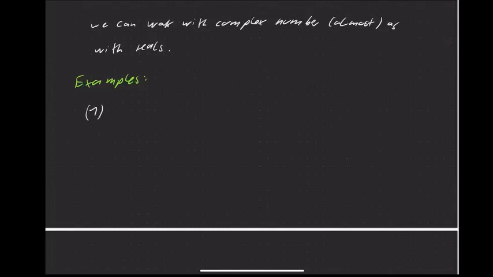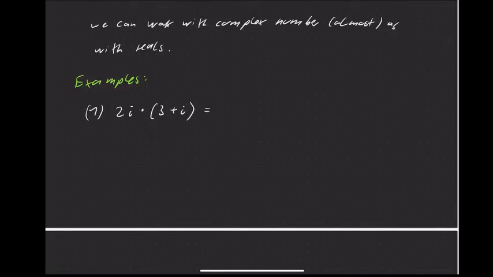First one, very simple one. Let's do a multiplication the new way. Let's say we have something like 2i times (3 plus i).